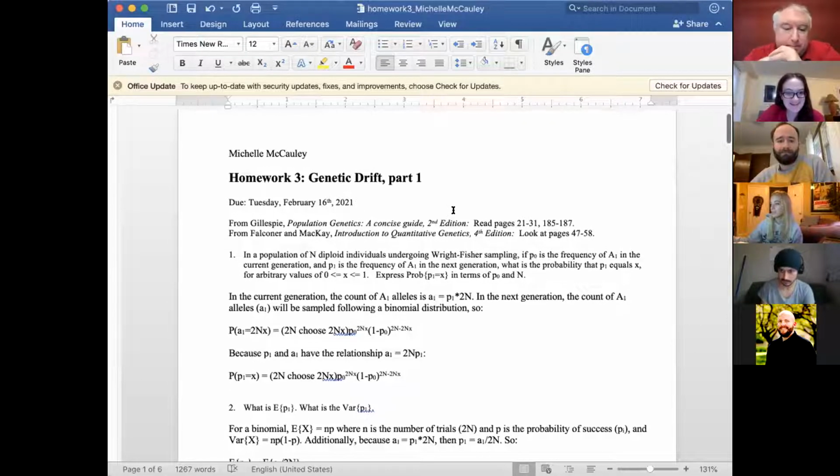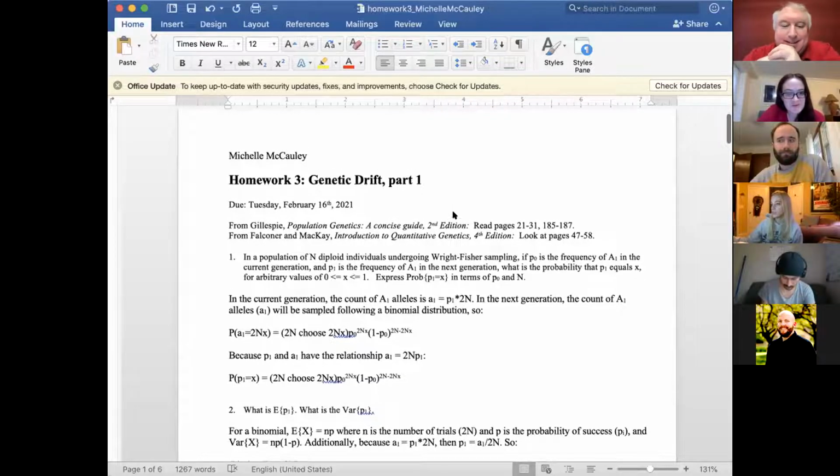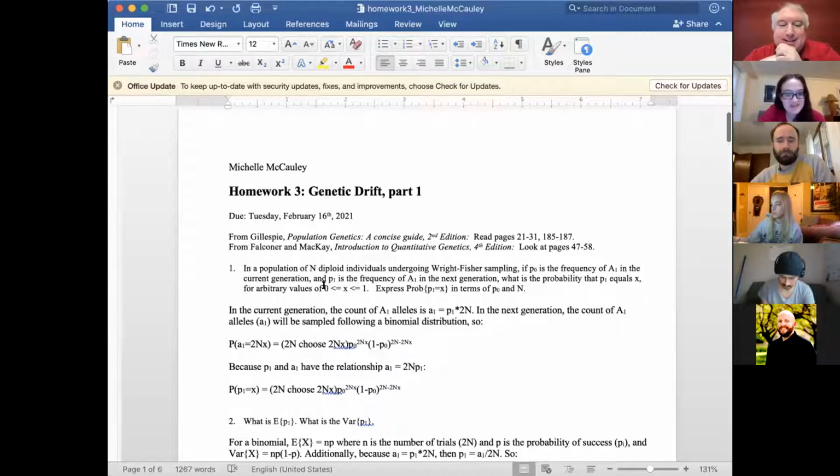Okay, sorry. So problem 1 is in a population of N diploid individuals undergoing Wright-Fisher sampling. P naught is the frequency of the A1 allele in the current generation. P1 is the frequency of A1 in the next generation.